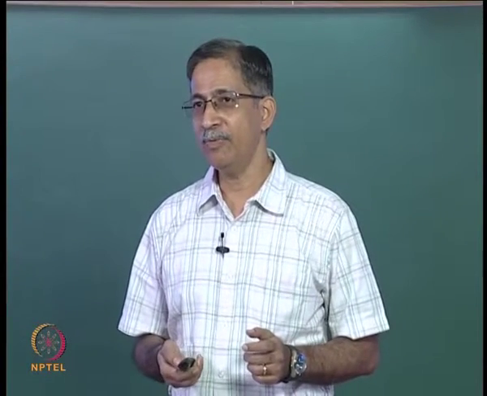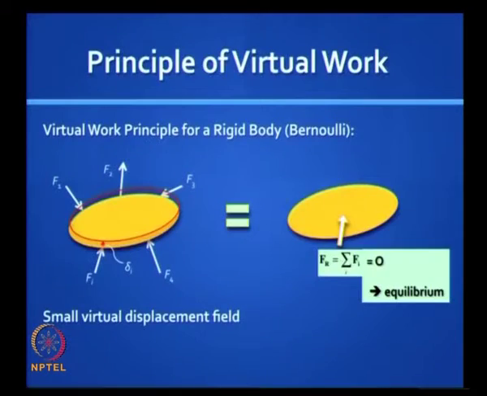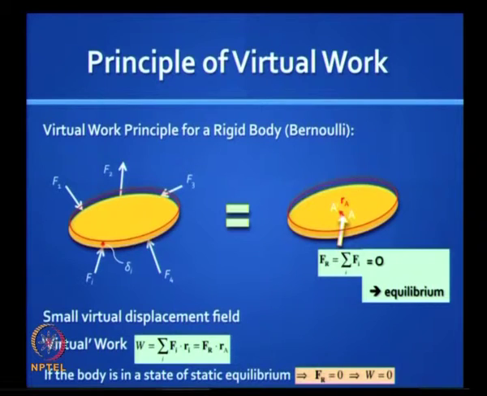And if you find out the delta components, you have F1, F2, F3, F4, that is the change in position of the points of application of the various forces, and if you do a scalar product of all of them and add it up algebraically, you get the total work done on this body, and that total work done, it is a dot product of the force and the displacement vectors, must be equal to 0 if the body is in equilibrium. It easily follows from this.